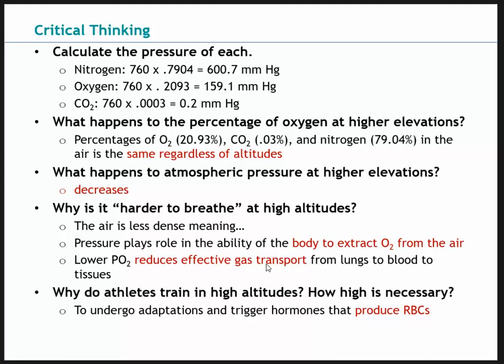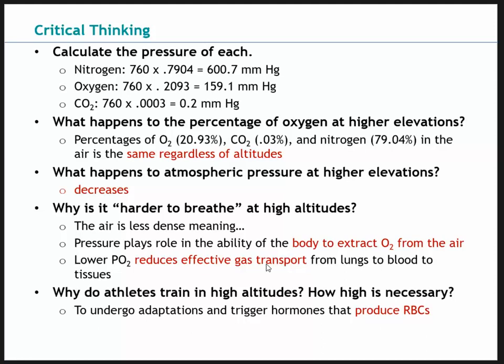We talked about EPO, erythropoietin. That's a hormone produced by the kidneys that stimulates red blood cell formation in the bone marrow of our long bones. When EPO increases, that aids in oxygen delivery. If we have more red blood cells, we can carry more oxygen to our muscles, meaning we can exercise for longer.